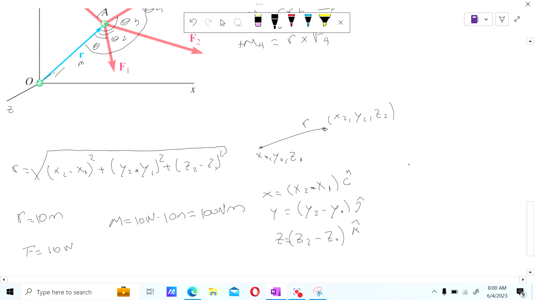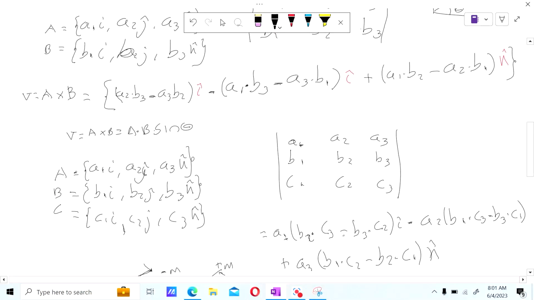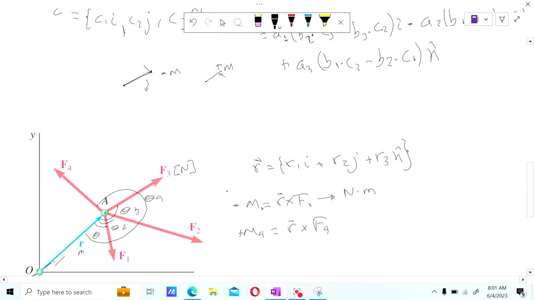And at the end, that result, which we have over here, has a component i, component j, component k. So at the end, if they ask you for the total magnitude, not just the components, you take the square of the component in i plus the square of the component in j plus the square of the component in k. And by then taking the square root, you get the total moment. Okay?